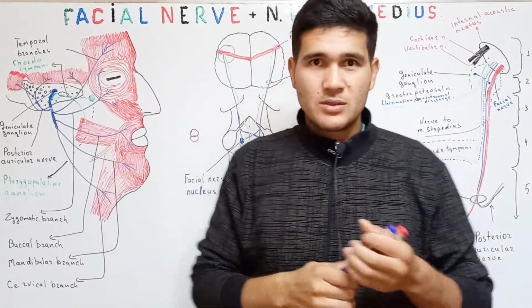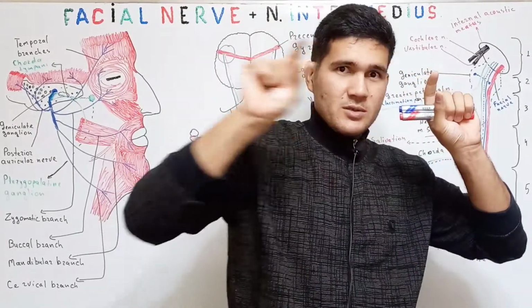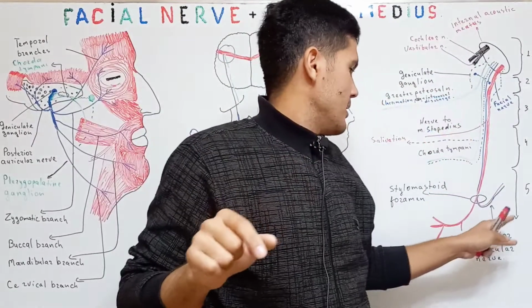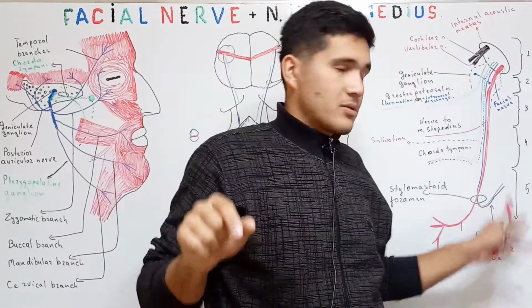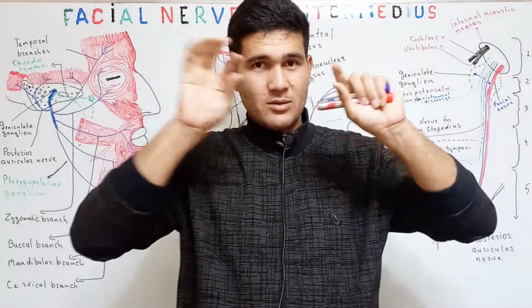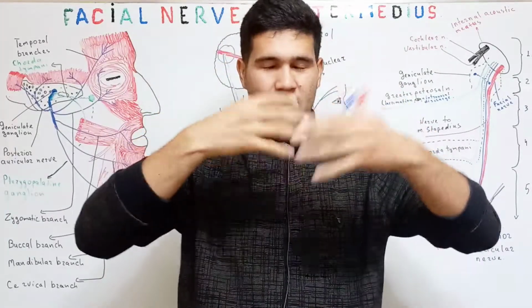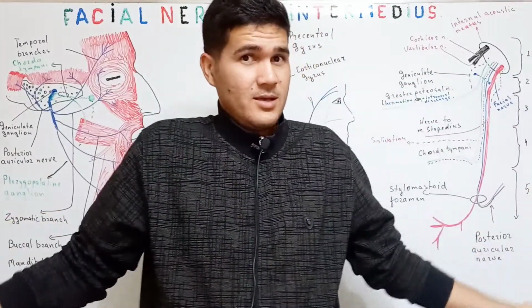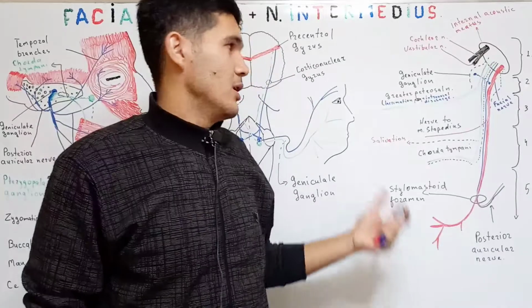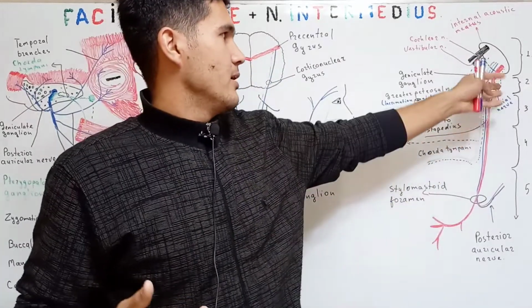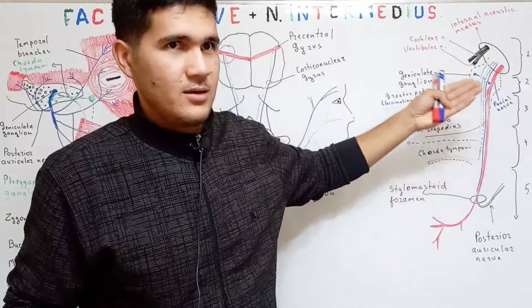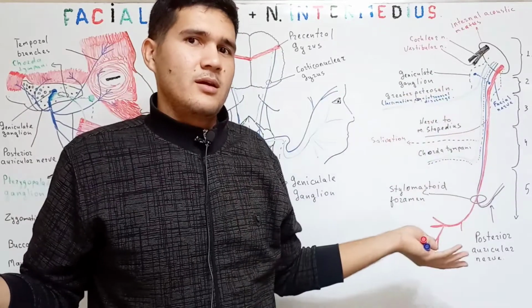In this situation, the only dermatome innervated by the posterior auricular nerve contains some vesicles, and some pain can be felt there. According to this, you can analyze facial nerve herpes zoster activation.